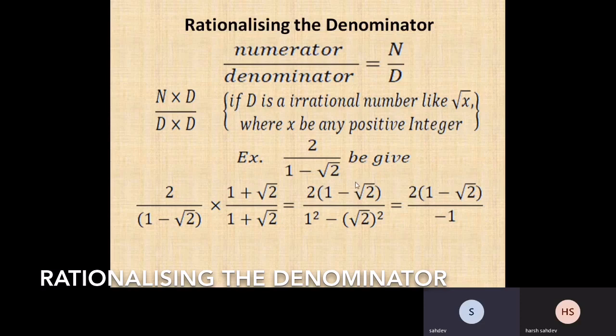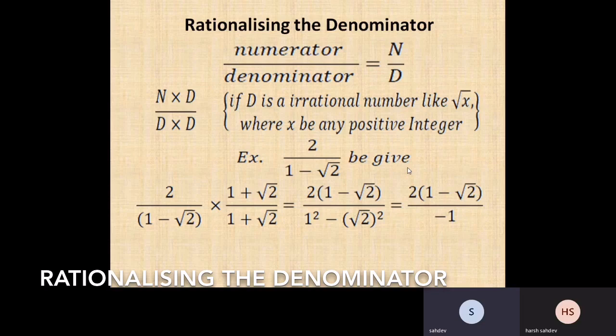So the denominator becomes 1 square minus under root 2 square, and the numerator becomes 2 into 1 minus under root 2. As 1 square is 1 and under root 2 square is 2, 1 minus 2 is minus 1. The answer will be minus 2 bracket 1 minus under root 2.